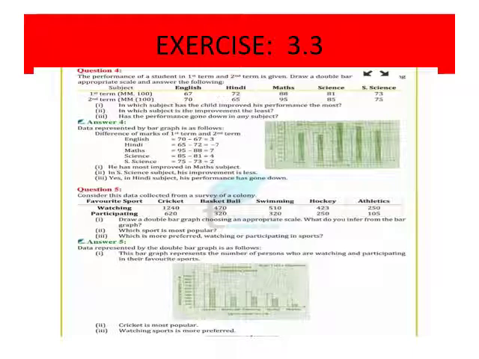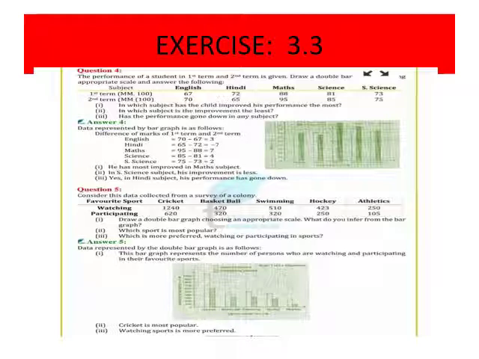Second question is, in which subject is the improvement the least? In social science subject, his improvement is less. Has the performance gone down in any subject? Obviously in Hindi. He has got 72 in first term, but in second term he has got only 65. So there is a downfall of 7 marks in Hindi.